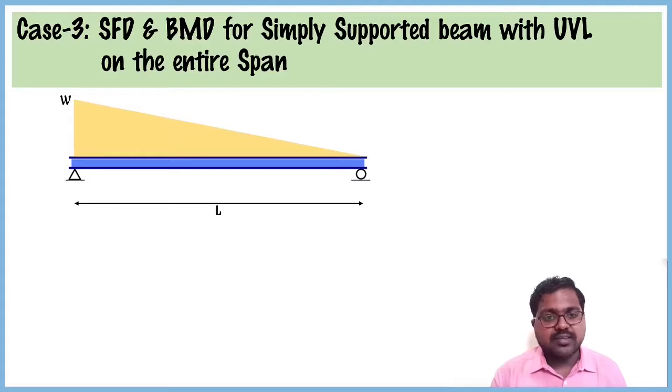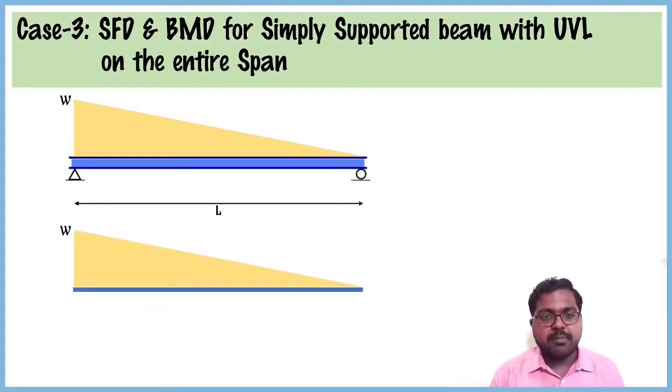So first let us take the free body diagram of beam AB, which is subjected to uniformly varying load of intensity 0 at B and W at A. Now to find the reaction forces acting at A and B, I am going to take the equilibrium equation, which is summation of the moments equal to 0.